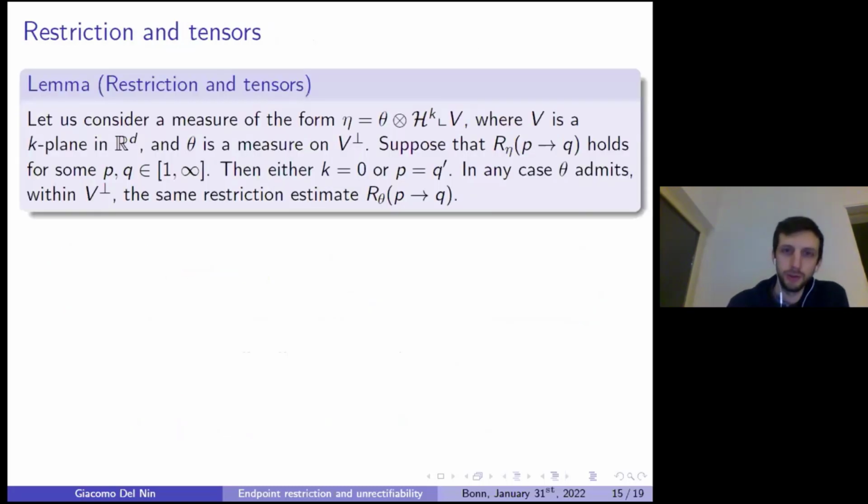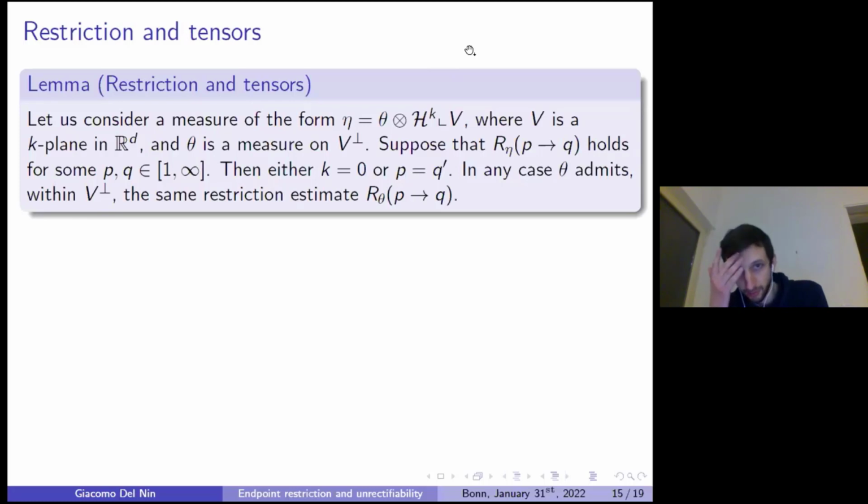Now, a second lemma that I will use is the following. It relates the Fourier restriction and tensor measures, and says the following: if we consider a tensor measure eta, so theta times a flat measure, where the flat measure is on a k-plane in Rd, we suppose that the restriction for this tensor measure holds between Lp and Lq for some exponents p and q.